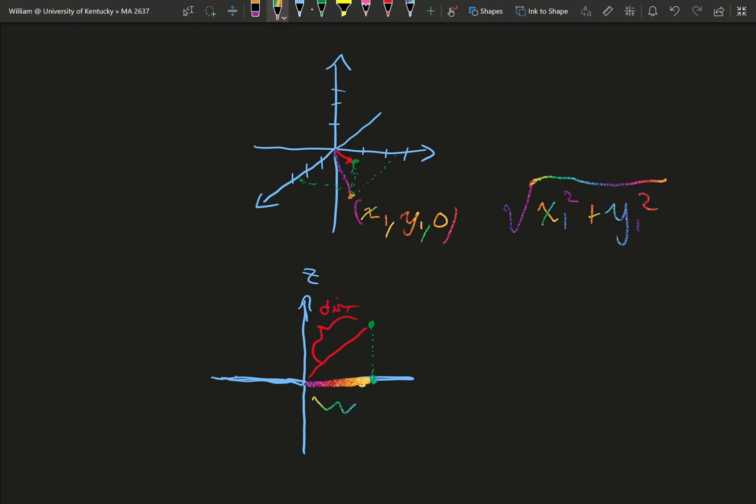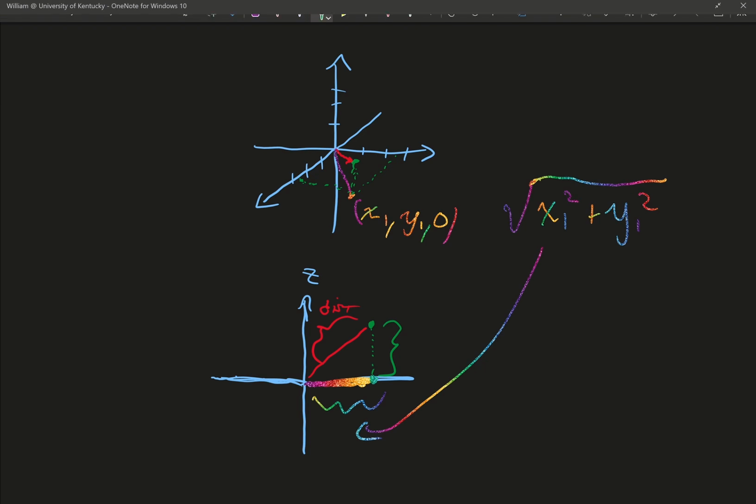And we know what the distance of this is. It's that thing. And the amount we're rising above the xy plane is just the absolute value of z1. And looking at it, it should be pretty clear that this is also a right triangle.